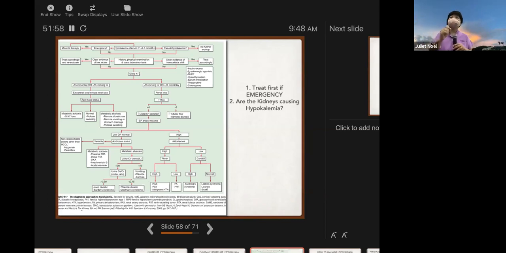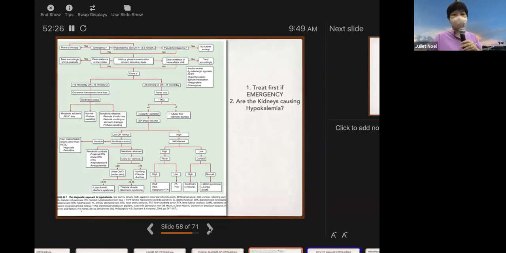The thiazide will block the sodium-chloride co-transport in the distal tubules. Okay, so where's the problem of Gitelman's?